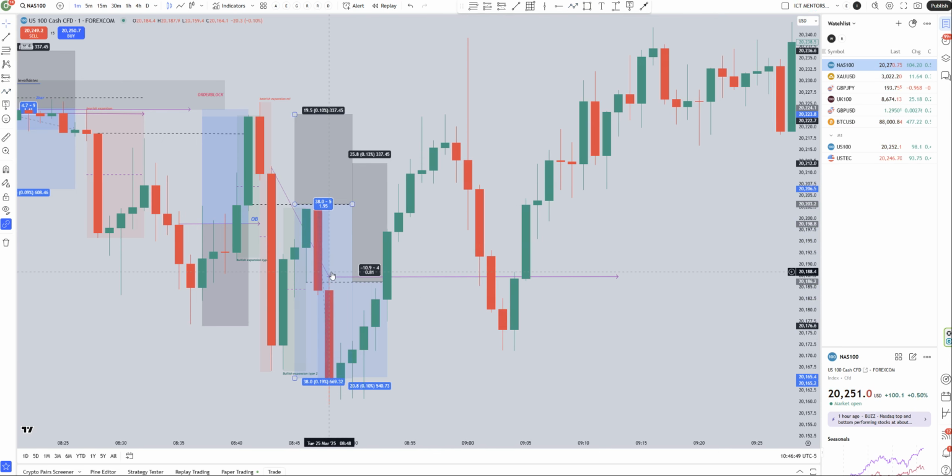So this is its OB. All right, this is its OB. We closed above it, but we've not done a 2-bar, which was confirmed there. So 2-bar. It's a 2-bar and it's also a CST.